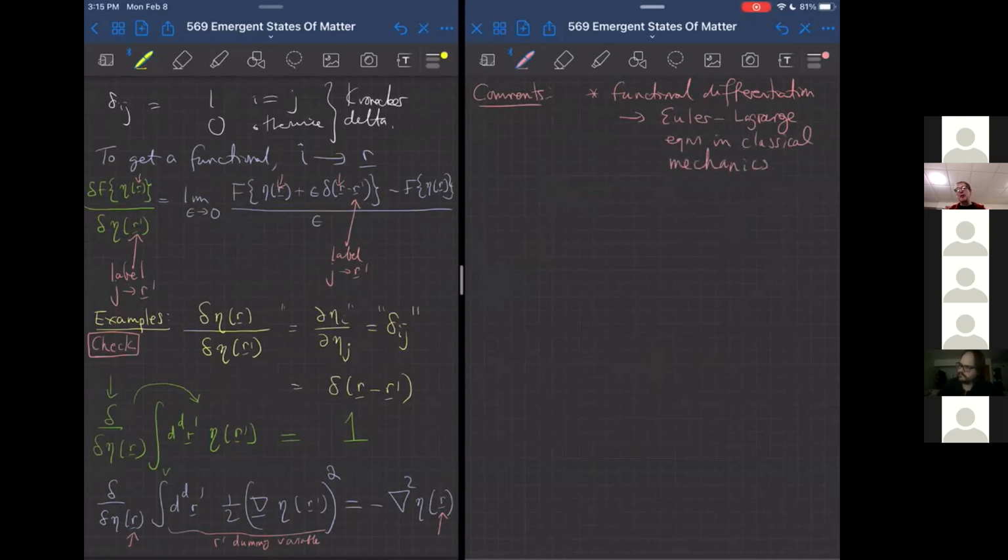So if you want to know how you go from quantum mechanics to classical mechanics, you probably know that you can write down a functional integral of the action of a quantum system, and then differentiate the action, which is the integral of the Lagrangian, and that will give you the Euler-Lagrange equations.